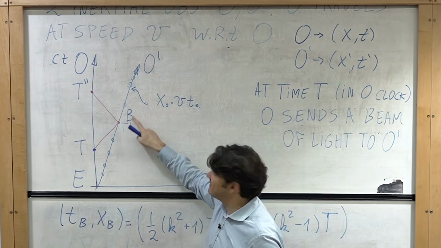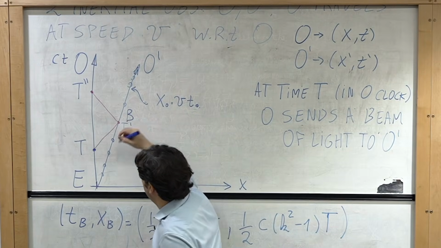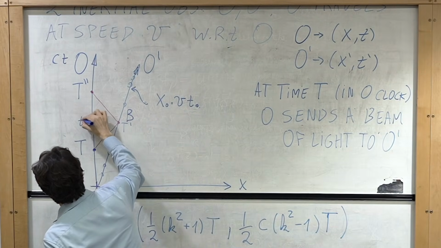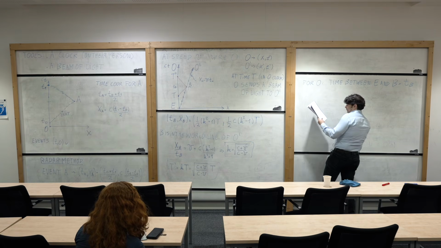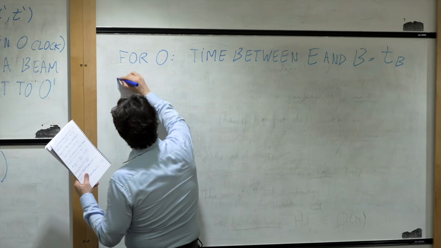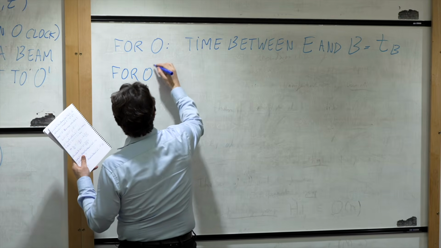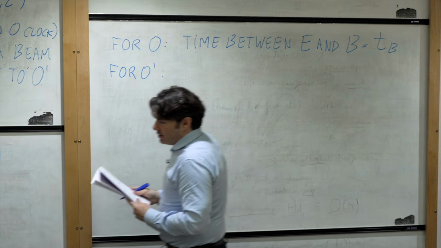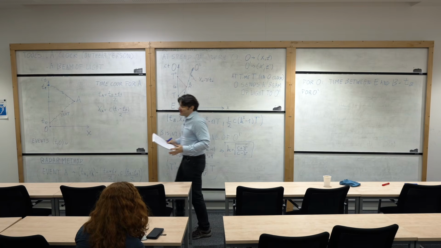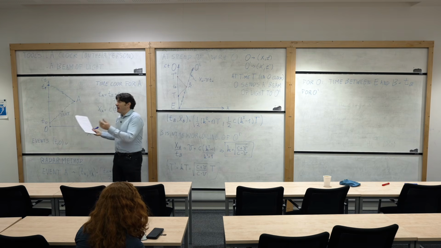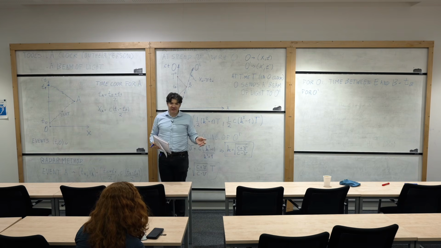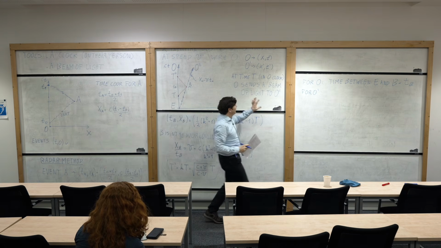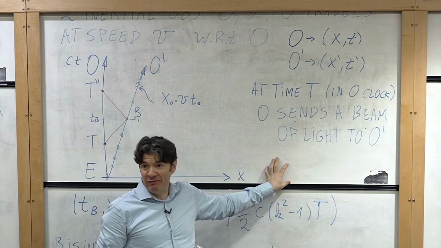That's just the time coordinate TB with respect to O. On the other hand, according to O prime, how much time has passed between I met this nice guy called O and I received a letter from him, in the form of a beam of light?